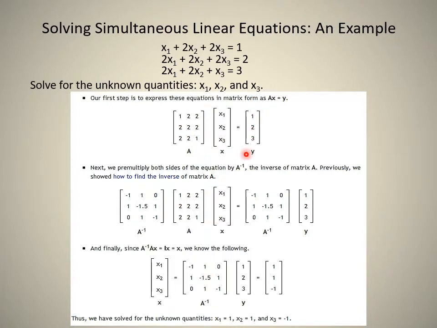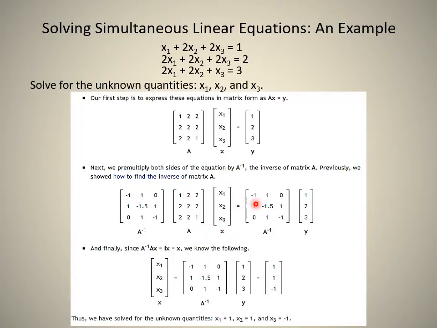So now we pre-multiply with A to the power minus 1, the inverse of our coefficient matrix. There's the inverse of our coefficient matrix. We pre-multiply it with our A matrix. That will give us an identity matrix, which multiplied by our column vector just leaves the column vector.